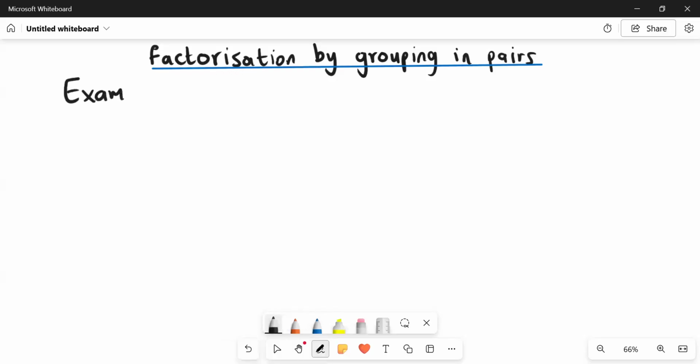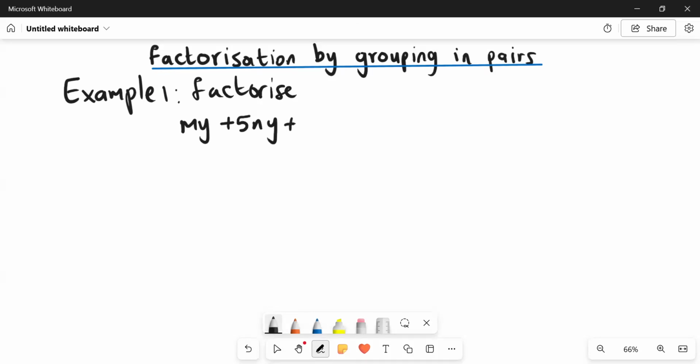So here's our example 1, where they say factorize. So we have to factorize there, and then we are given my plus 5ny, mx plus 5nx.